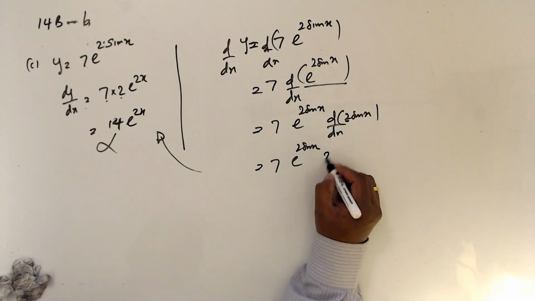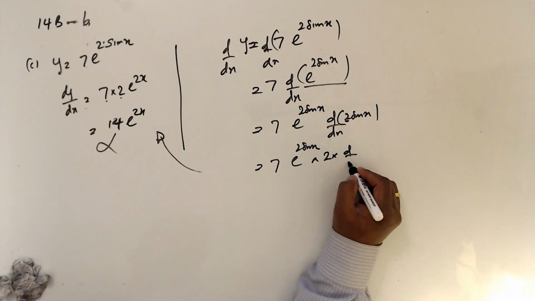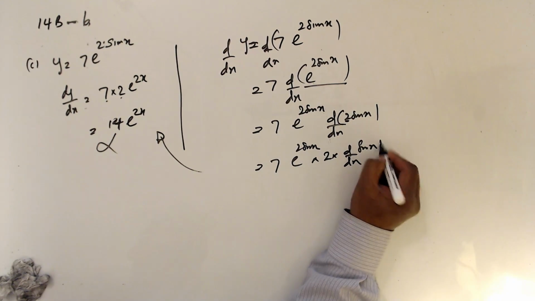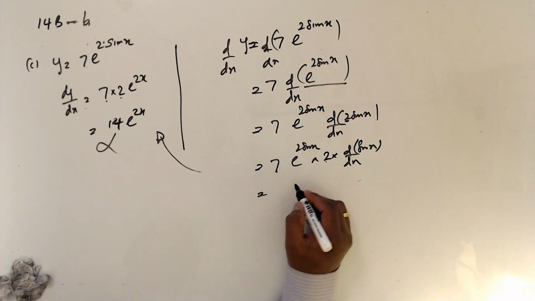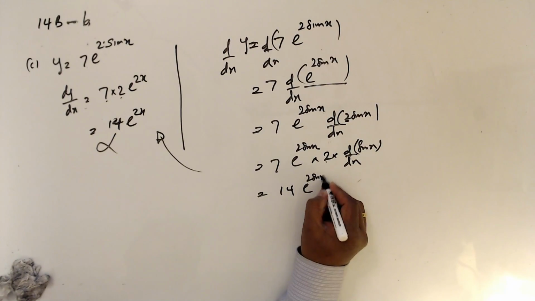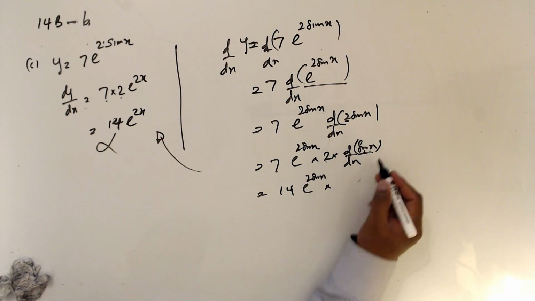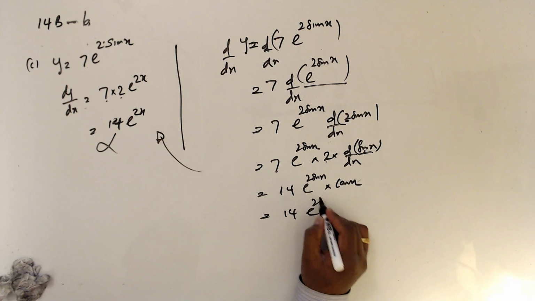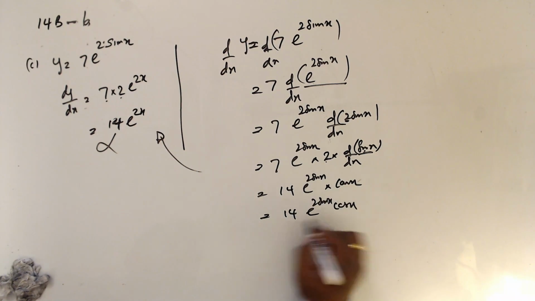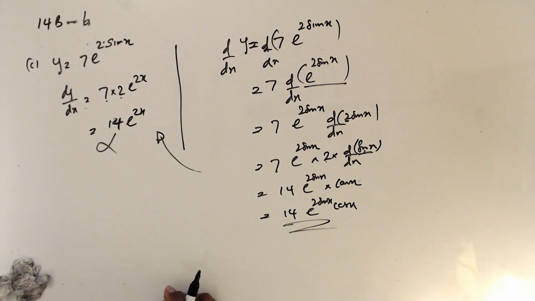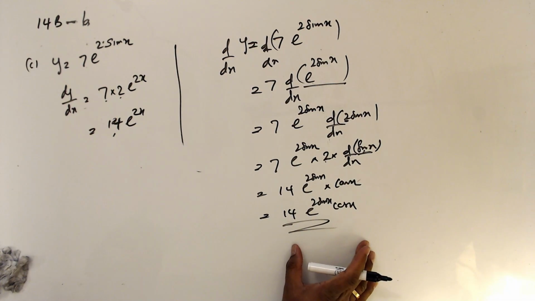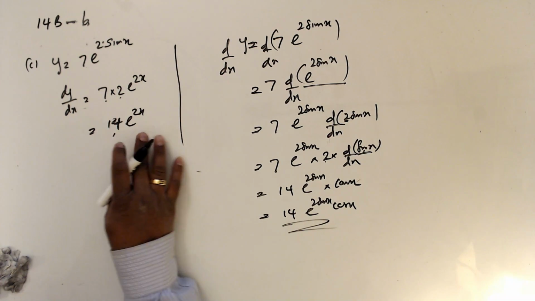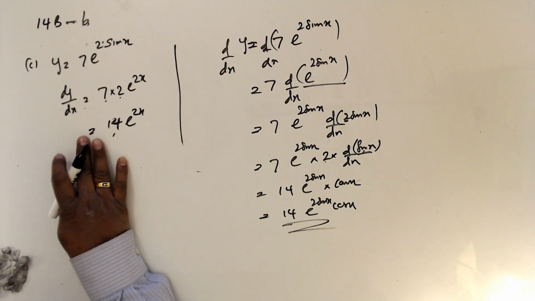You can't do it with the 2, so you have to take 2 out. So d/dx of sin x. Then this is 7 times 2, which is 14, e^(2 sin x) times the differentiation of sin x, which is cos x. So 14 e^(2 sin x) cos x. If you know this algorithm, the way it works, then in any place we can simply write it by looking at it.